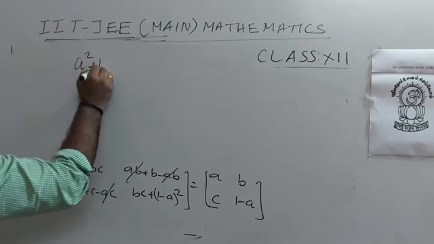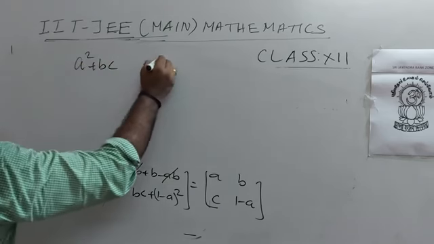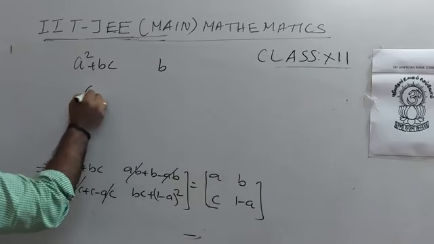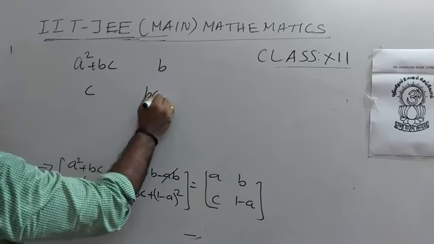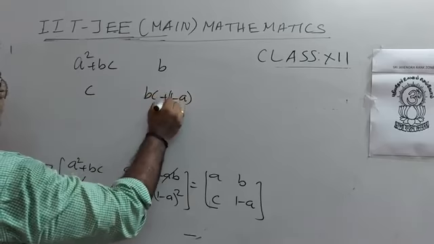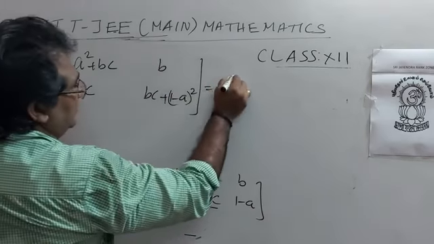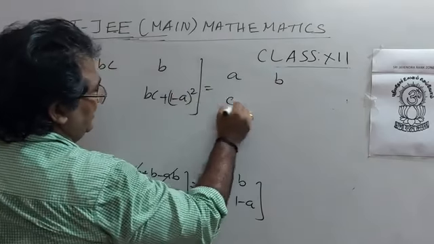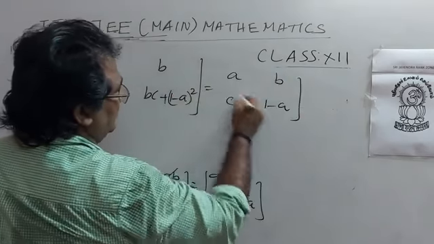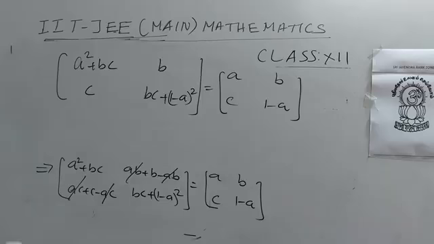A squared plus bc, here we have b, here c, bc plus (1 minus a) squared, equals a, b, c, 1 minus a.